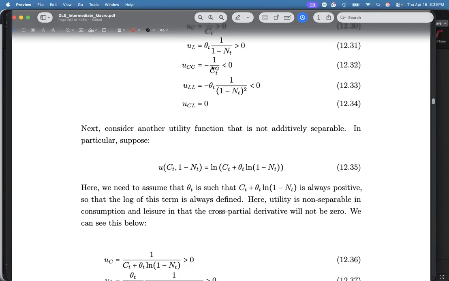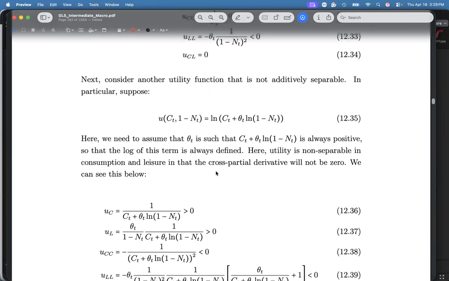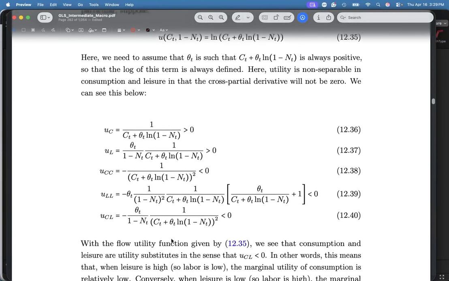Okay, so this is the opposite of what we've been talking about in 12.30 to 12.34, which is this one. Okay, so this one will create a cross elasticity between consumption and leisure. We'll go through directly the computations here, and just want to go directly to UCL. Notice that this is not zero anymore, but it's negative. Negative.